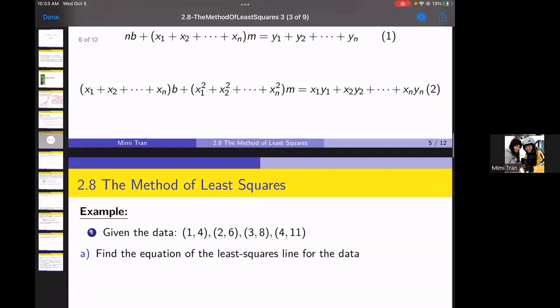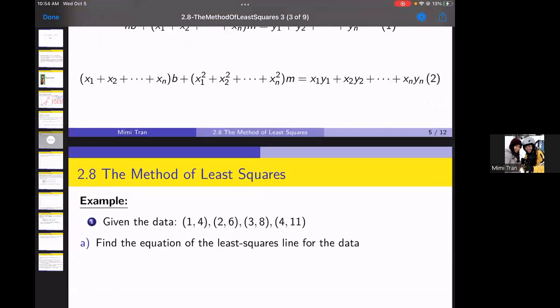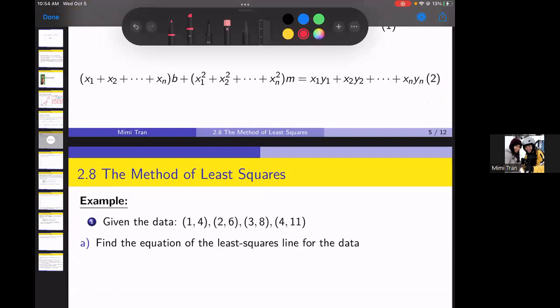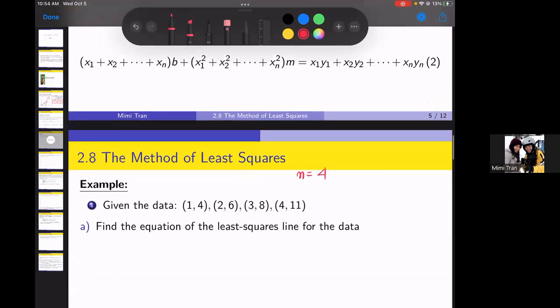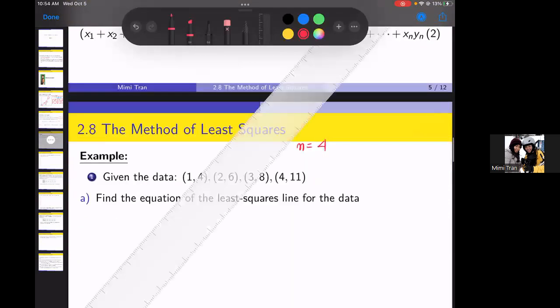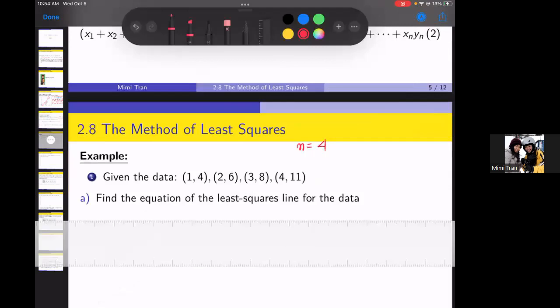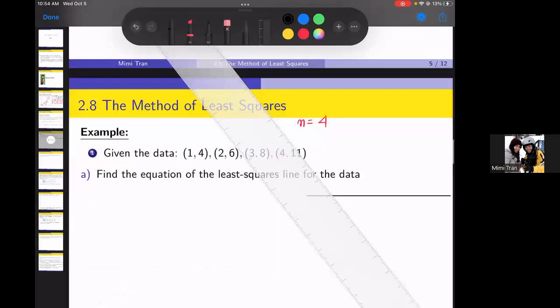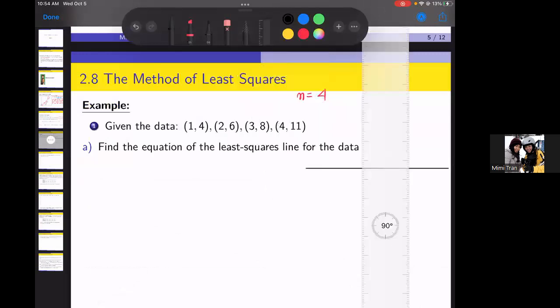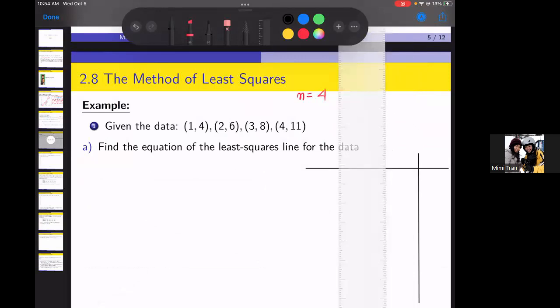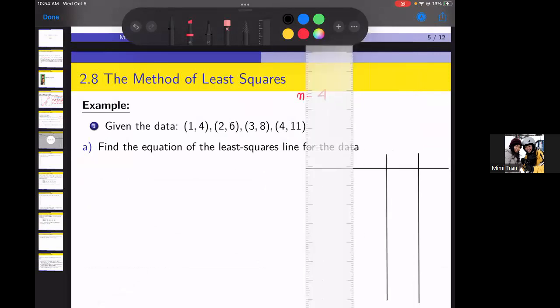So here's the example. What's n? My sample size is 4, right? In statistics, we call it sample size, so n is 4. Very good. I'm gonna do a table. Maybe it helps. So x, y, then x squared, then xy.